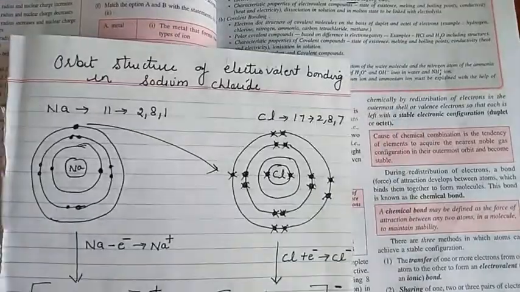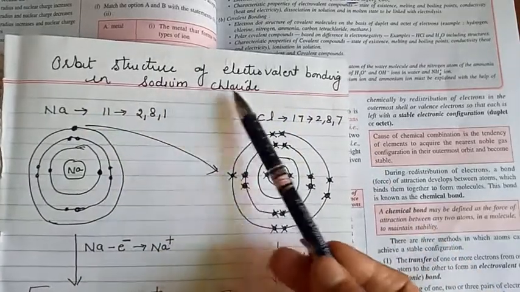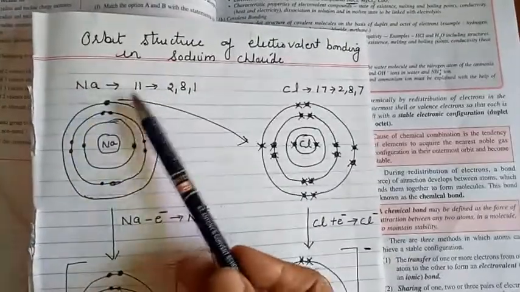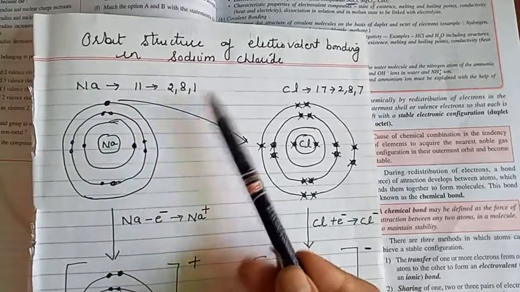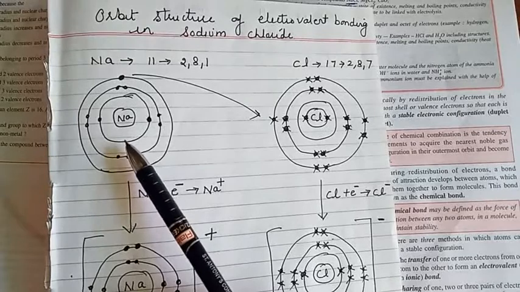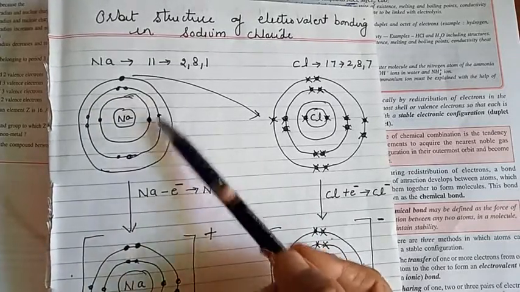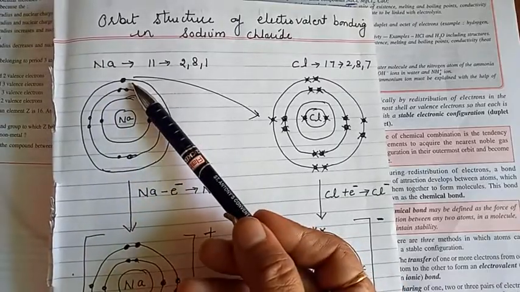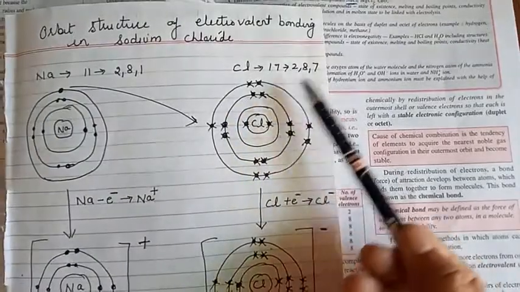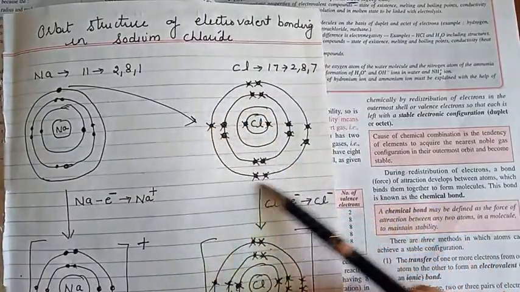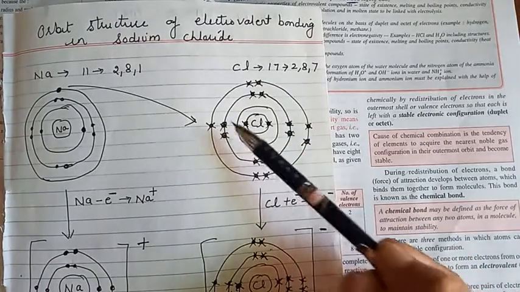Now the orbit structure of electrovalent bonding in sodium chloride. Just see, sodium atomic number 11, so the configuration is 2,8,1. In the sodium atom, the first shell has 2 electrons, the second shell 8 electrons, and the outermost shell carries 1 electron. Chlorine is 2,8,7, so the outermost shell carries only 7 electrons.